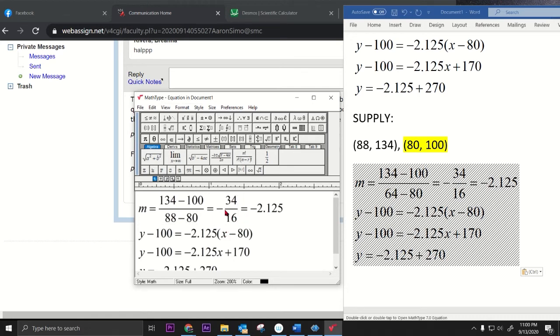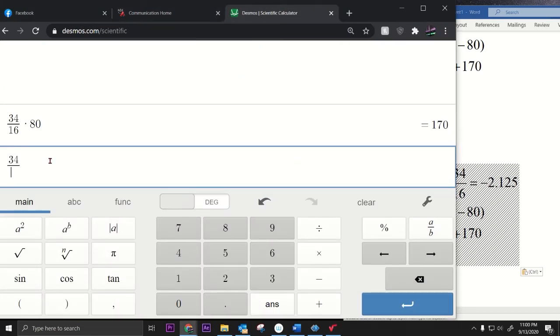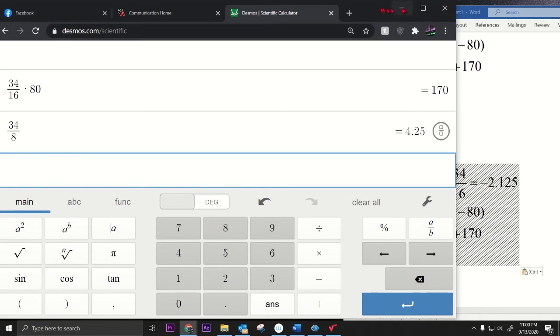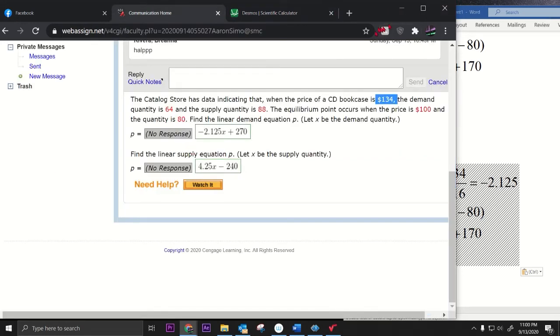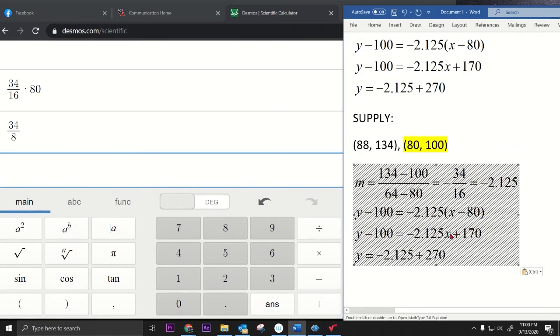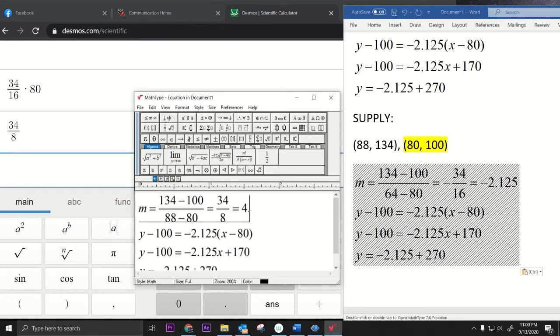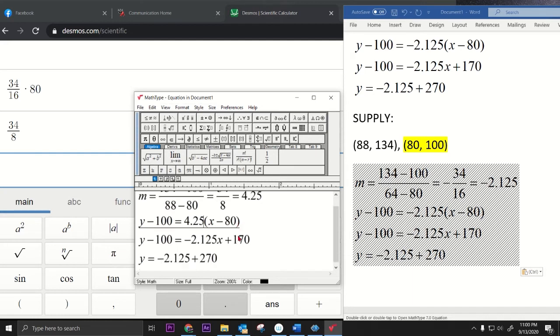So this is positive now, and 4. Let's get a different slope. 34 over 8 is 4.25, and that looks correct. Going back in here, put 4.25. Anything else change? I think everything else used 80 and 100, so everything else is correct.